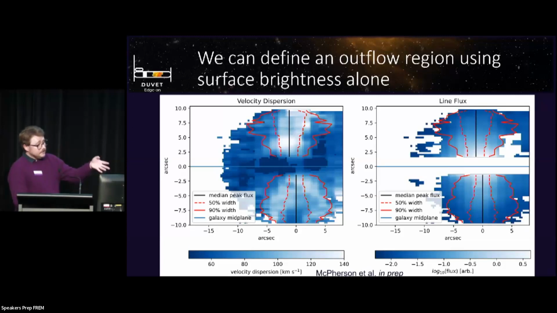We can look at the velocity dispersion on the left, and we can see the low dispersion disk at the center, those very dark points. Then these very bright white points, these regions of very high dispersion, agree really well with the outflow region that we define from the surface brightness alone. So what we're saying here is if you can get this narrowband emission map, you can measure opening angles and widths and extents in a really systematized way.